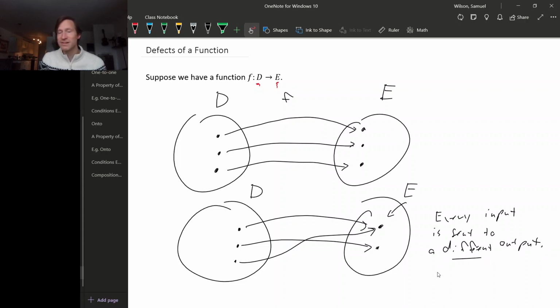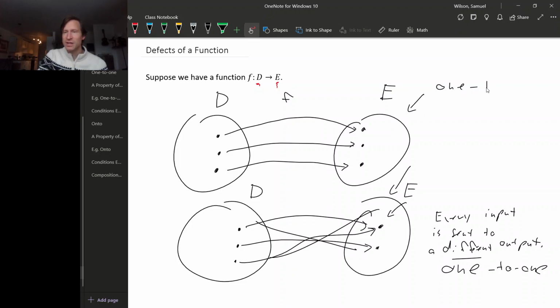The name that's given to this property is such a function is called one-to-one. Okay, so this function is not one-to-one. This function up here is one-to-one because every input gets sent to a different output.